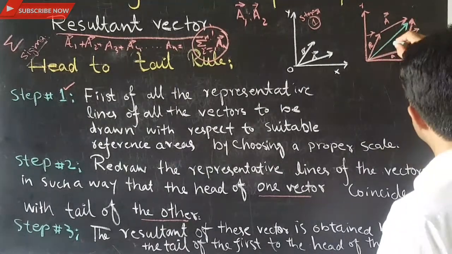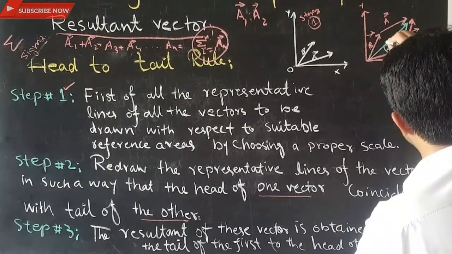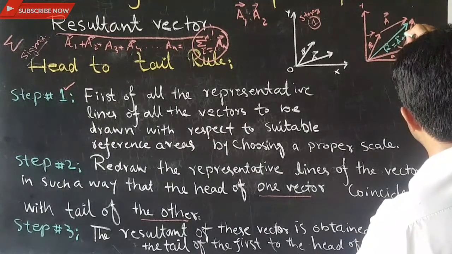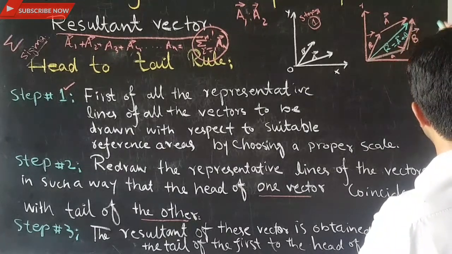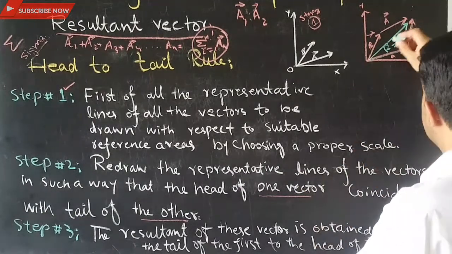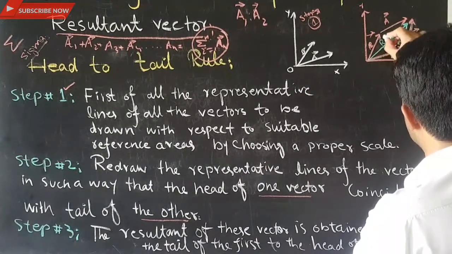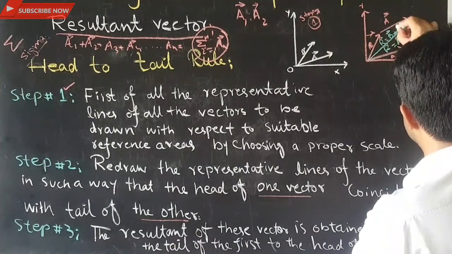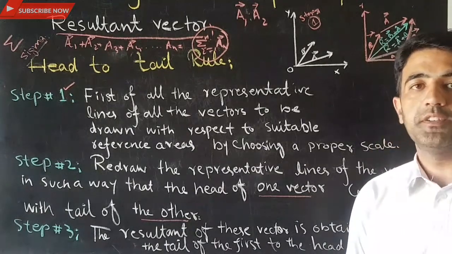So this is the resultant R, which is equal to vector A plus B. I come here from this side, vector A, and this side is vector B. In other words, I can say that on this side the resultant R is equal to vector B plus vector A. So I get the same resultant in two different ways.